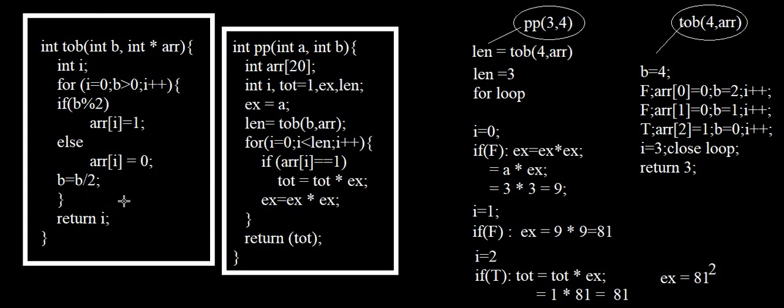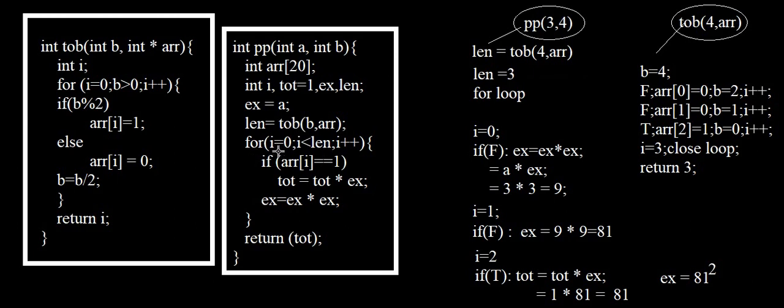Okay, now we need to again increment the I, because as in the for loop, after executing the last loop we need to increment the I. So I is now 3, and we need to close the loop and return 3. Why? Because return I. Okay, now the 3 is assigned to the len. Okay, now the for loop of pp should be executed. Len is 3.